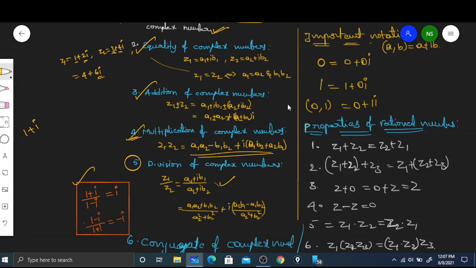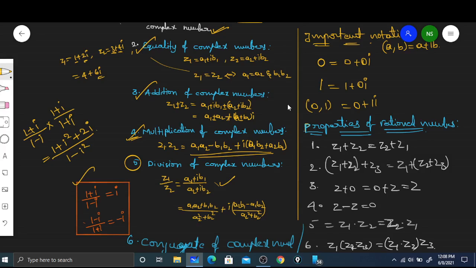And this particular thing is also the same. 1 plus i divided by 1 minus i. What will you do? You will rationalize the denominator by multiplying by 1 plus i. So what will we get here? 1 plus i into 1 plus i is 1 plus i square plus 2i, divided by 1 plus i into 1 minus i, which is 1 square minus i square.